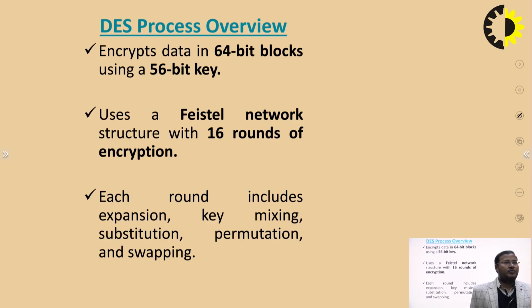DES process overview: data is encrypted in 64-bit blocks using a 56-bit key. It uses a Feistel network structure with 16 rounds of encryption. In each round, expansion, key mixing, substitution, permutation and swapping occur.